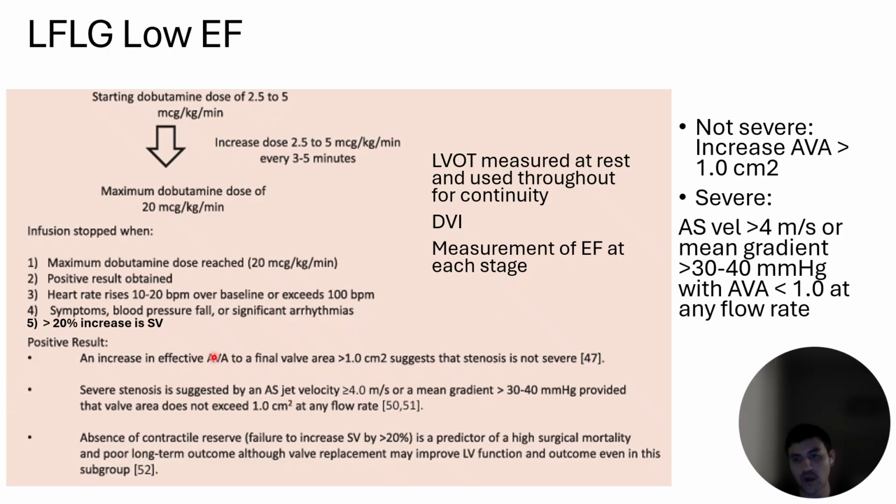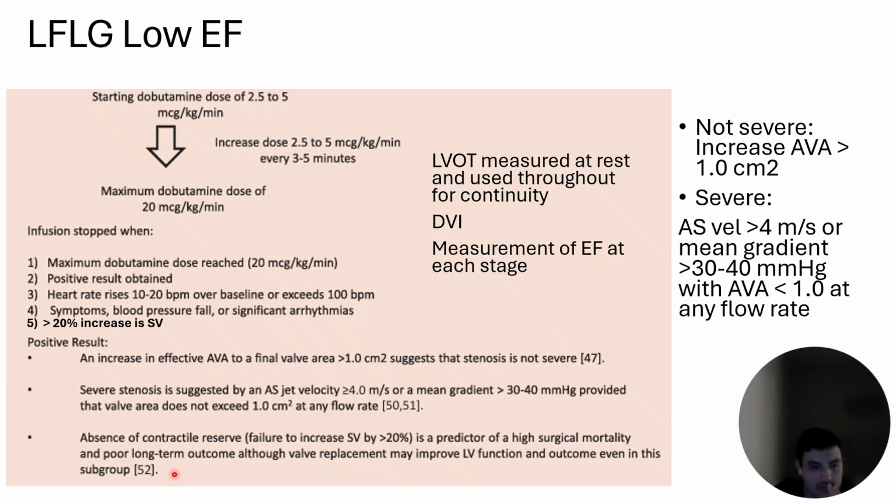So when is it a positive result? An increase of aortic valve area more than 1 suggests that stenosis is not severe, it's moderate. Severe stenosis is suggested by an increase of the velocity more than 4 or the gradient more than 40, providing that the valve area doesn't exceed 1, so it doesn't go against the first point, at any flow rate.